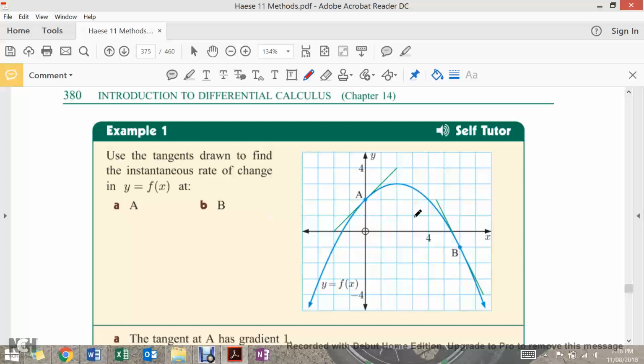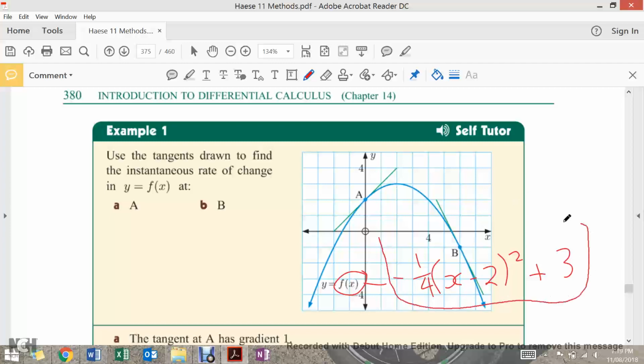Now, just a heads up that f of x will actually be represented by numbers in the near future. For example, this graph here is probably something along the lines of -1/4 times (x take 2) squared plus 3. Those of you who have watched my quadratic equation videos should be able to work that out from this graph using that point. What I mean here though is that f of x is actually a set of numbers, it's a function.